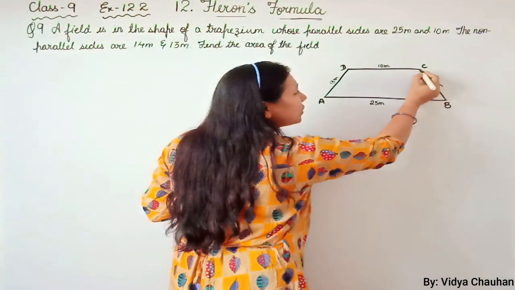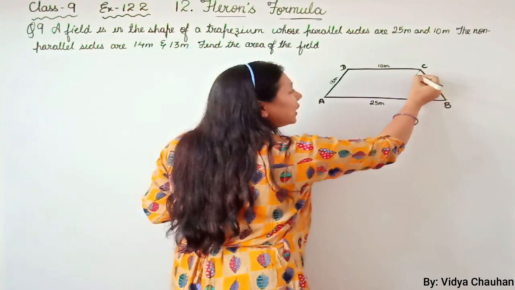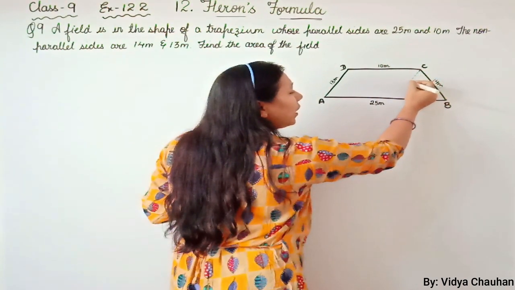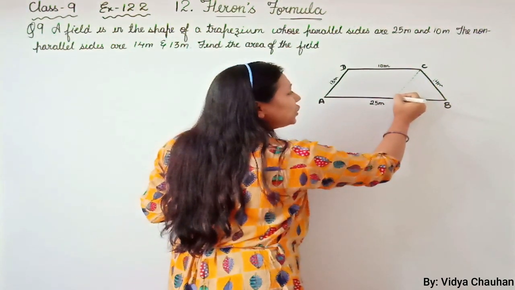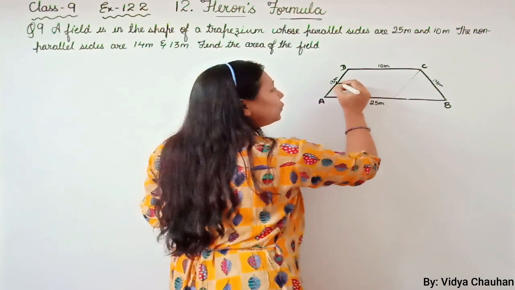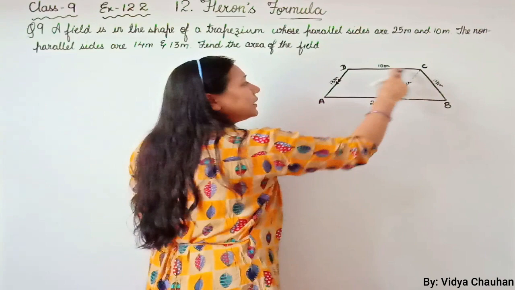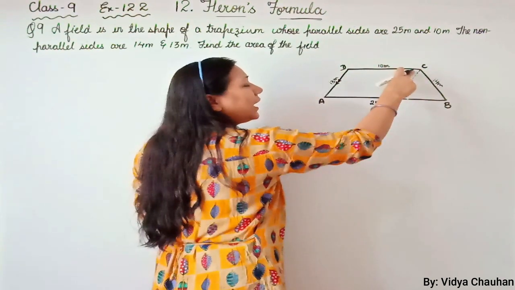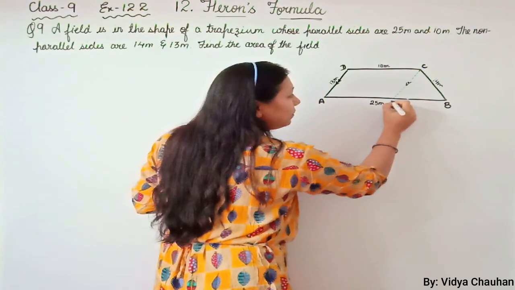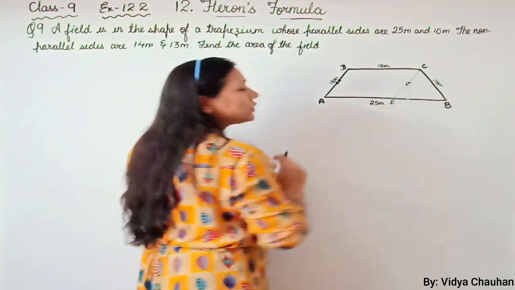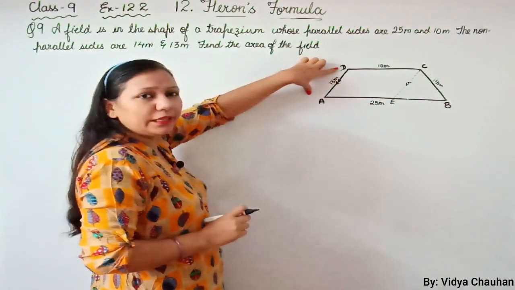We will make a construction here, from point C, I will draw a line which is parallel to AD. So parallel to AD, I have to draw a line from point C, and let me name it E. So CE is a line which is parallel to AD.